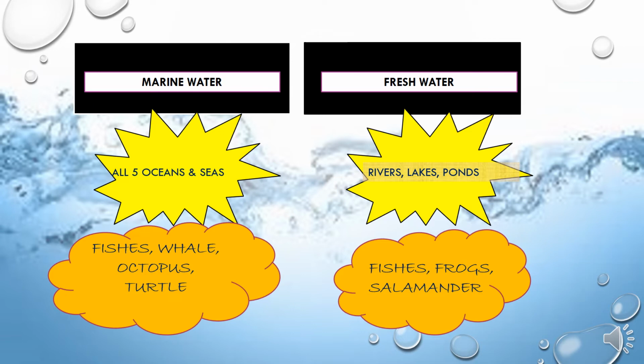So in water also there are 2 categories: in marine water the huge aquatic animals live, and in fresh water, which consists of small water bodies, the small water animals live, that is small fishes, salamander, frogs.